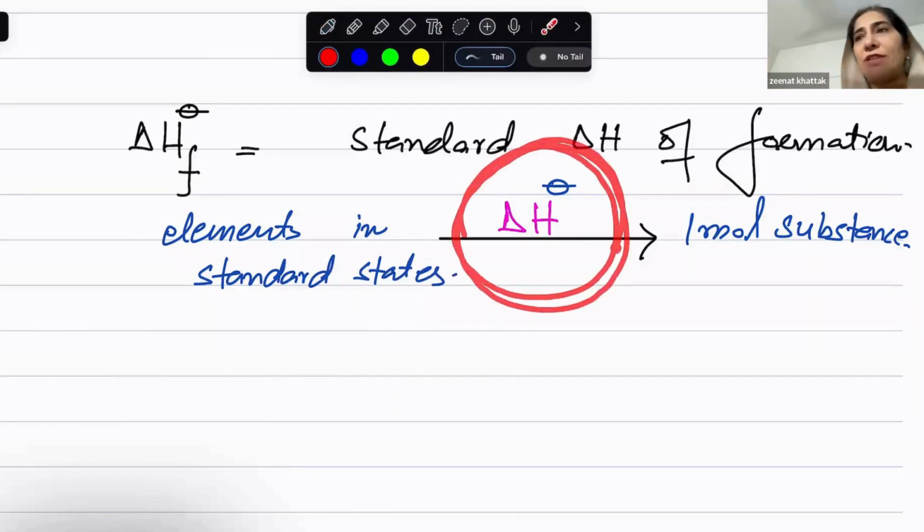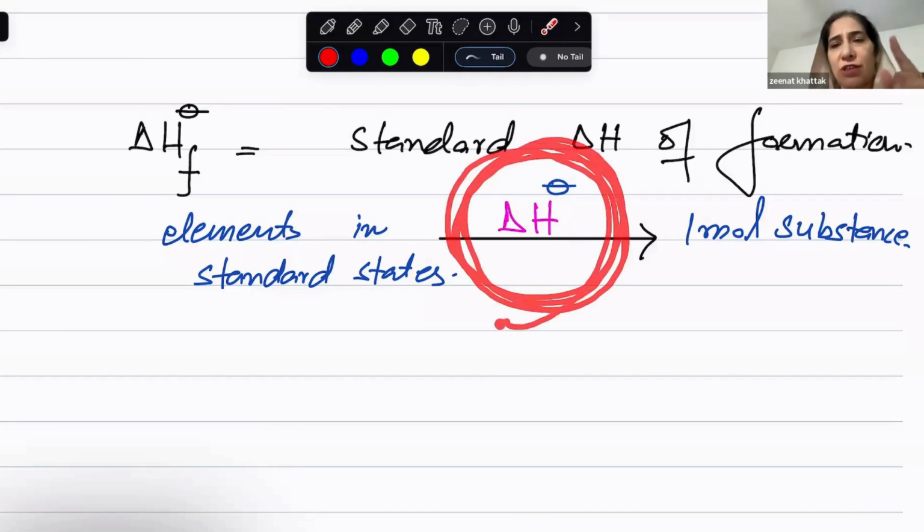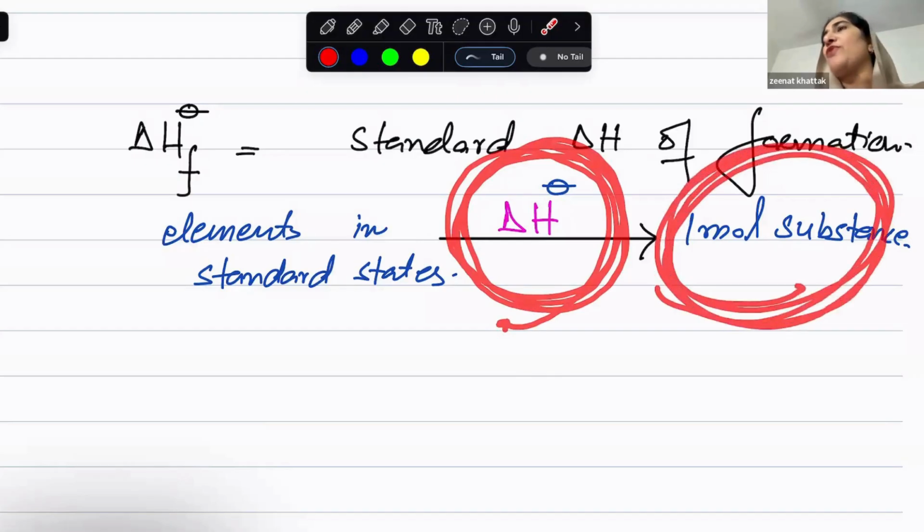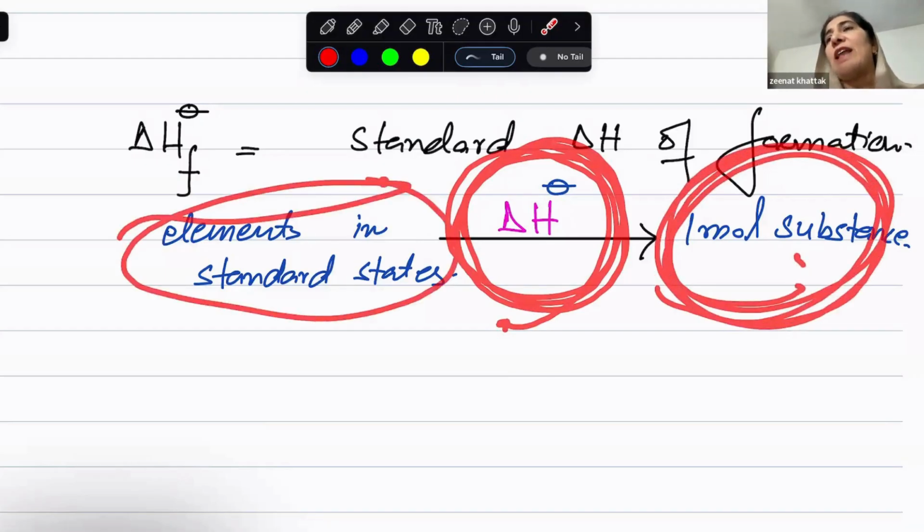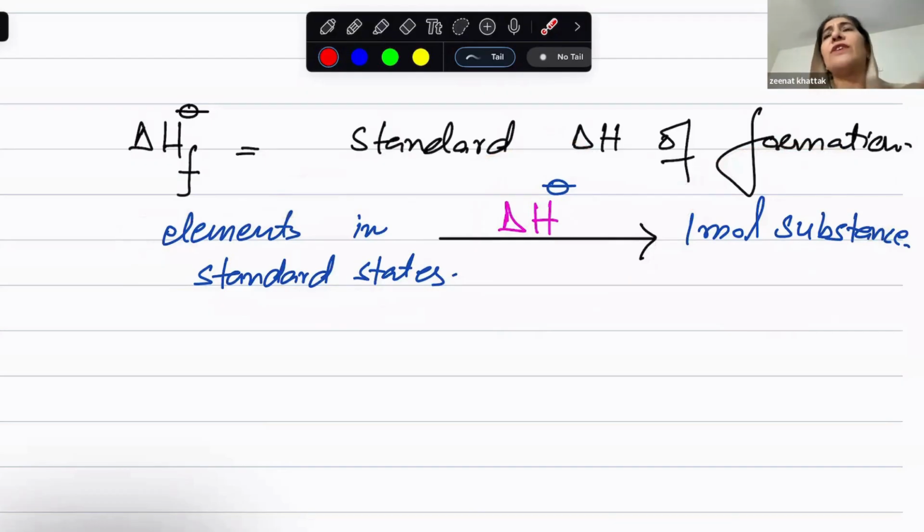Enthalpy change measured under standard conditions when 1 mole of substance is formed from its elements in standard states.